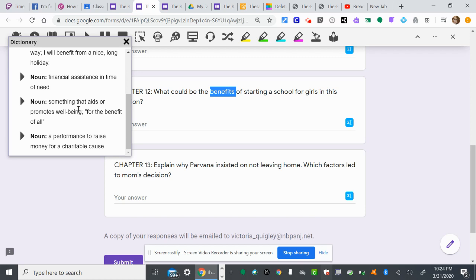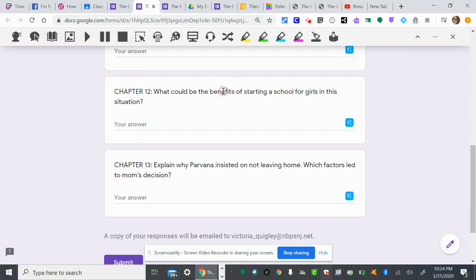Something that aids or promotes well-being. So something that really helps people to be well, to get the best out of something. So, what could be the benefits or help to the girls to start a school for girls in this situation?